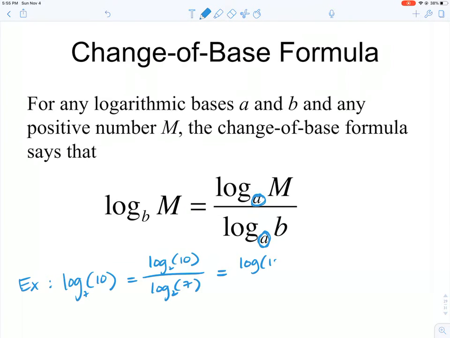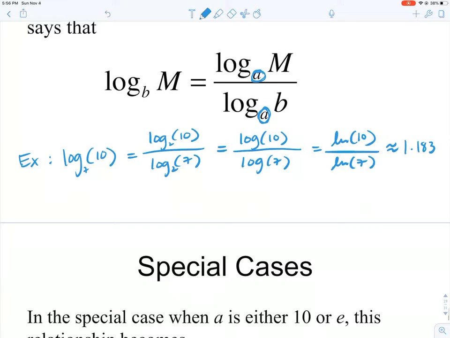You could do just the log of 10, because there's a log button, over the log of 7. Or you could do natural log of 10 over natural log of 7. All of these are equal to each other. When you type them into your calculator, and you can double check it yourself, we would get approximately 1.183. Okay, so kind of cool.